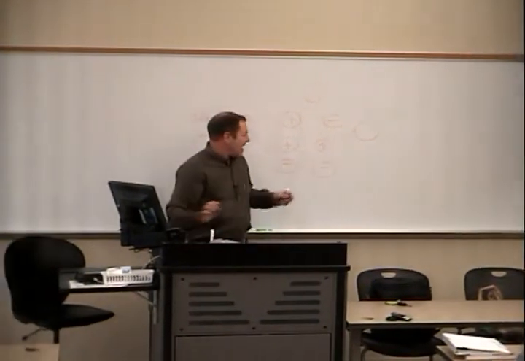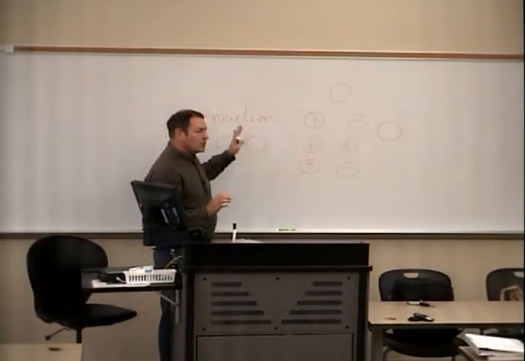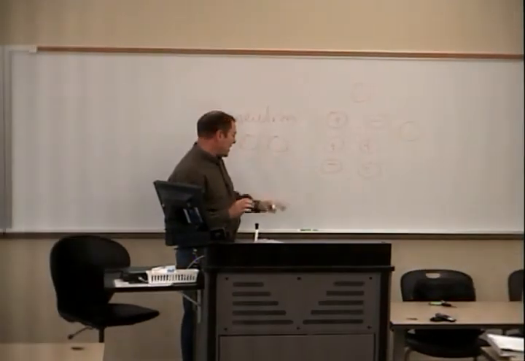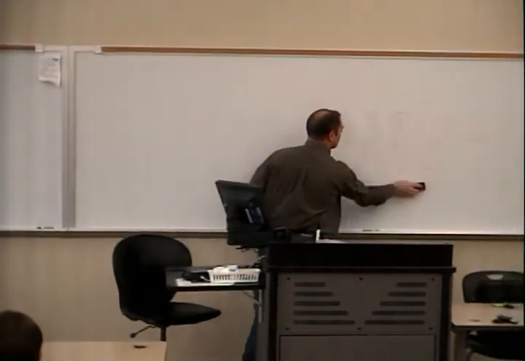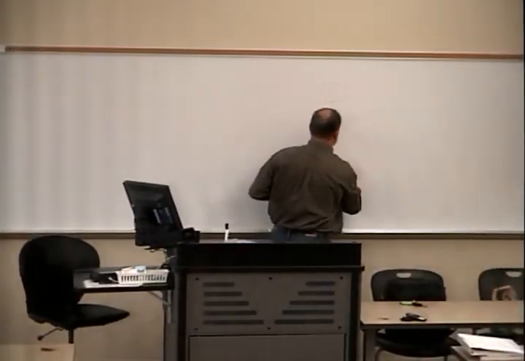So now we're going to look at how these subatomic particles, the neutrons, the protons, and electrons, are arranged in an atom. So neutrons and protons form what we call the atomic nucleus. So an atom has a nucleus.